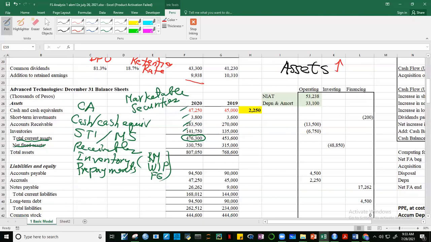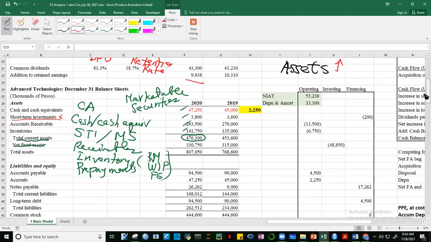Okay, ang operating current assets natin will exclude short-term investments. So everything here except for short-term investments kasi finance ito, finance controlled. So it's cash, AR, and inventories. So that will be your operating current assets.